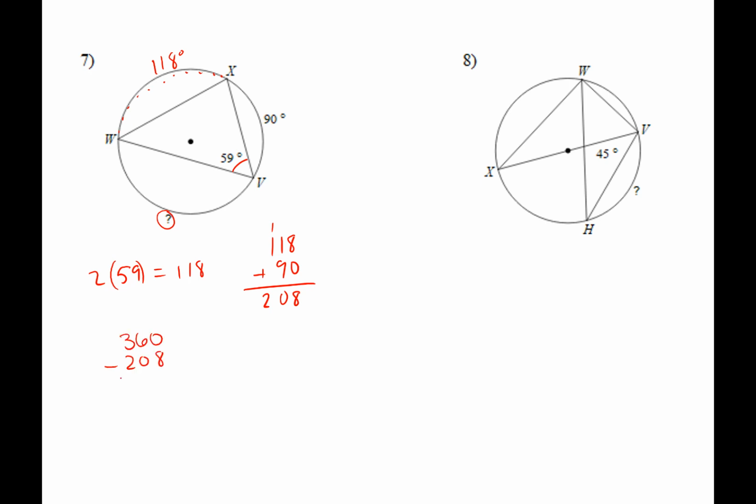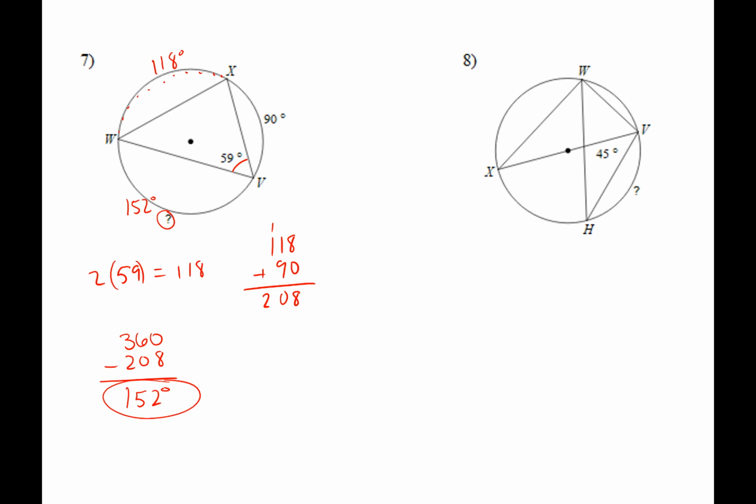So if I subtract the 208 that I've already used, then I would get 152. So that tells me that that would be my answer. My unknown arc is 152 degrees. All right, on to number 8.